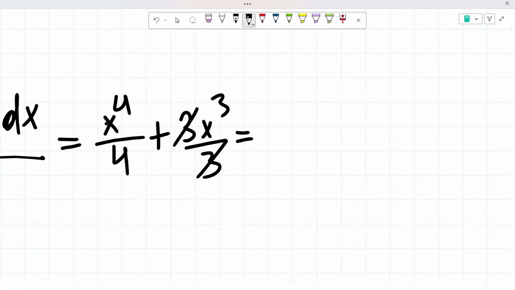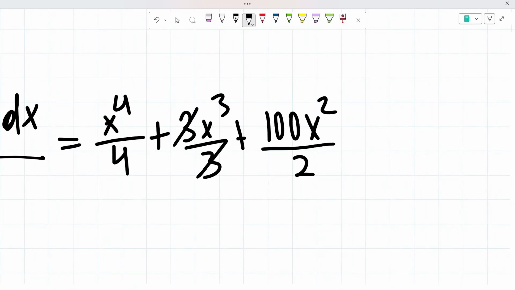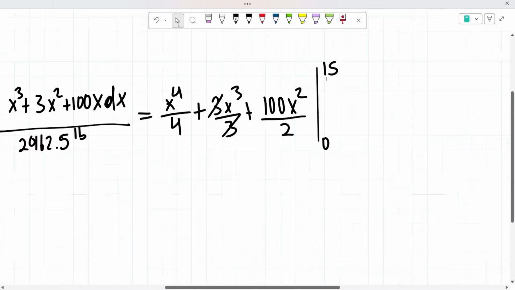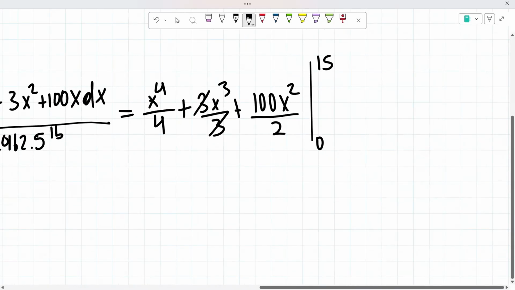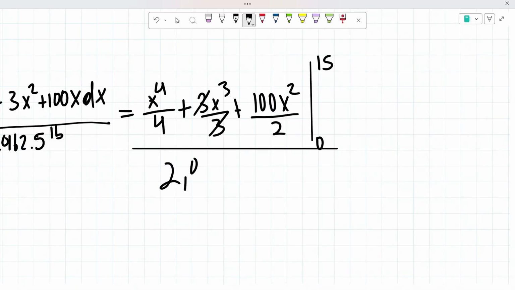Plus 100x squared over 2. So that will just be 50x squared from 0 to 15, all over our resultant force.